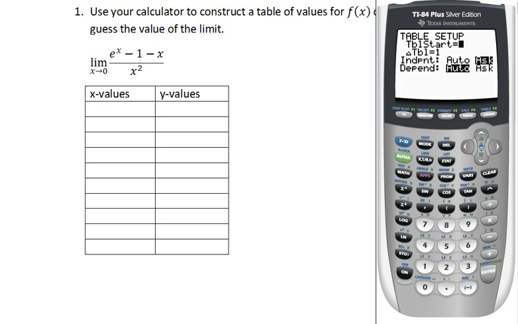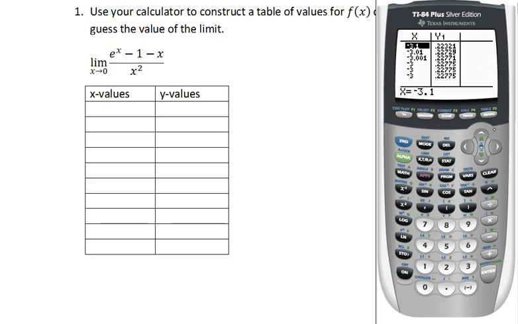We're going to go into the table feature, and we want values approaching 0 from the left. So we'll start with negative 0.1 and negative 0.01, negative 0.001, negative 0.0001, and so there are 4 values.